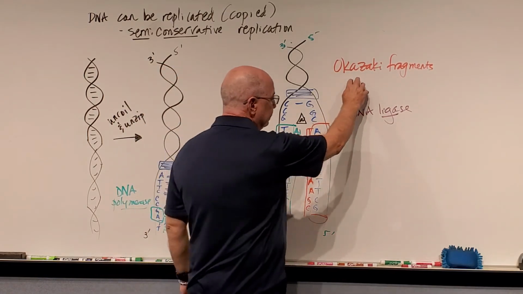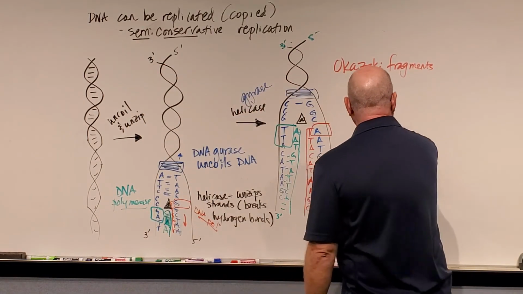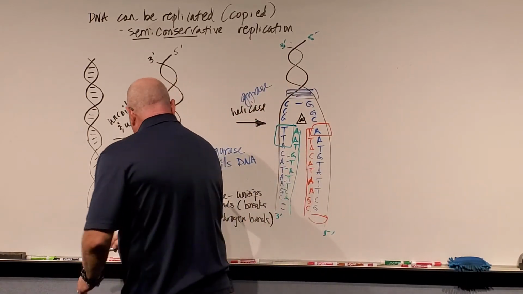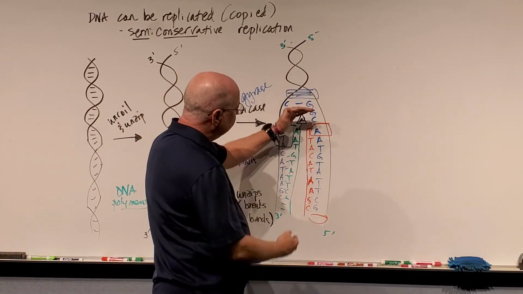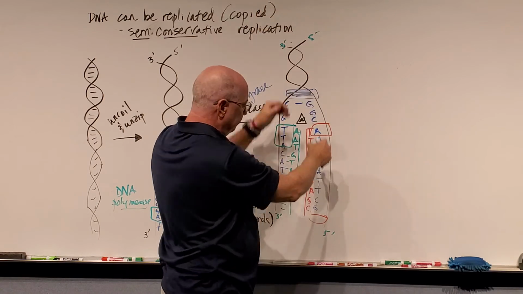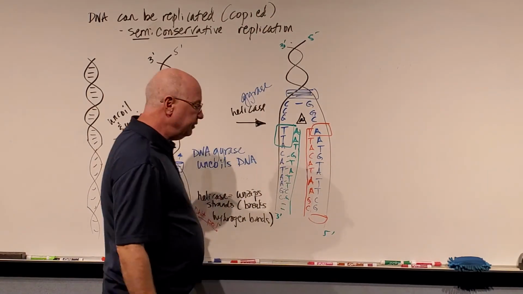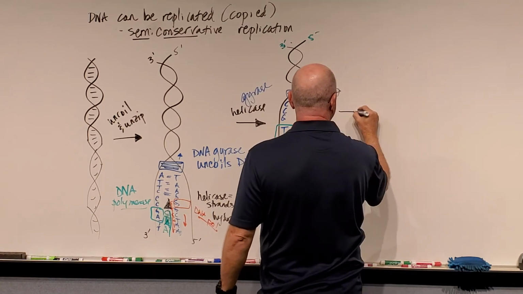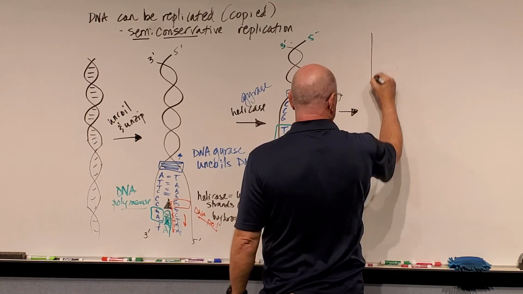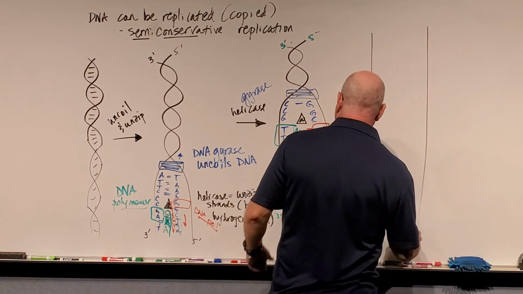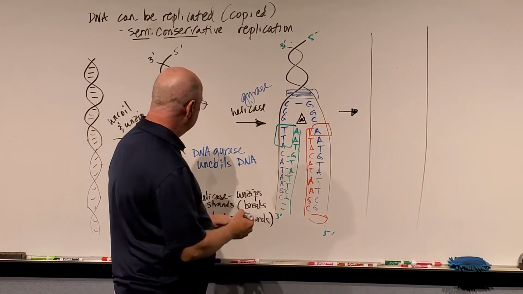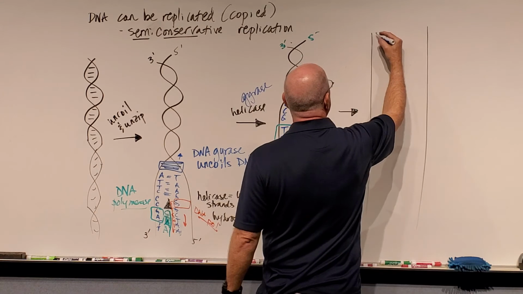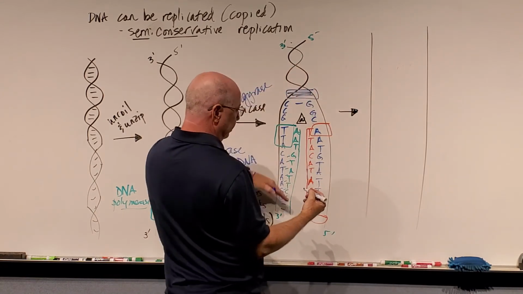I'm going to erase these two terms because I'm running out of room. But ultimately, by the time these enzymes get to the end of the molecule, and then this one zips down the other end, connecting all the Okazaki fragments, what I end up having is this. Now I'm going to use this base sequence here, but whatever my base sequence was on this other molecule, I'm just going to start from here and copy it down.